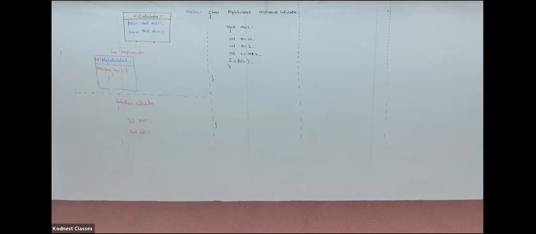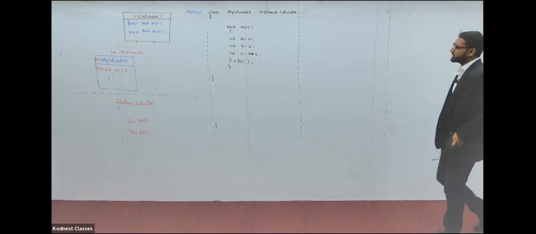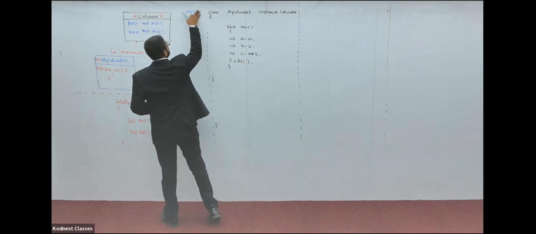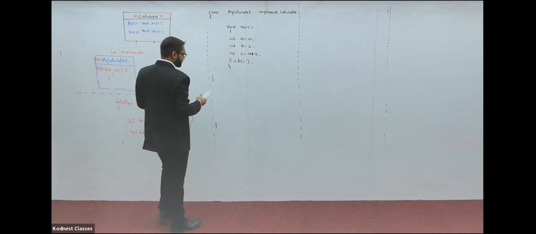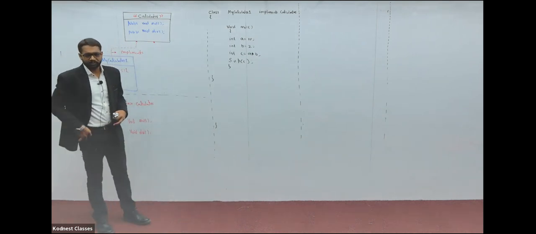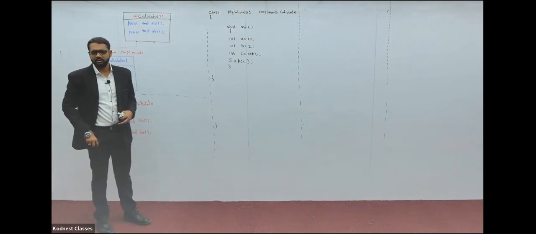Completed. Next. Say, just an assumption, I would not declare the class as abstract. Then what should I do? Give the implementation for div, correct?